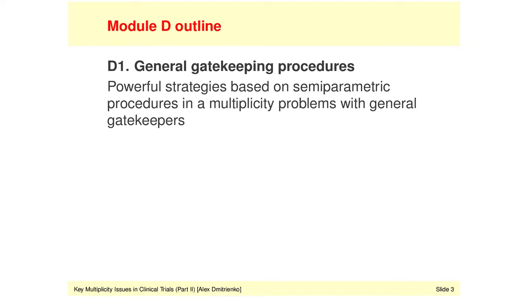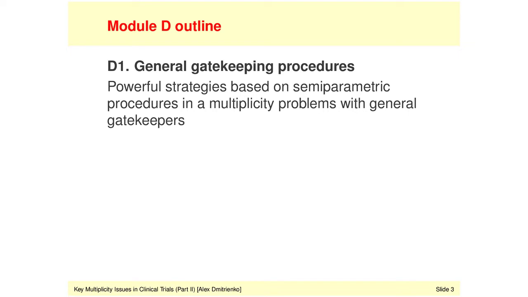As you remember from Module C, this is where I introduced a class of advanced multiplicity problems with parallel gatekeepers. And a parallel gatekeeper is characterized by the fact that to pass this family of hypotheses and proceed to the next family of hypotheses, it is sufficient to reject a single hypothesis within the gatekeeper.